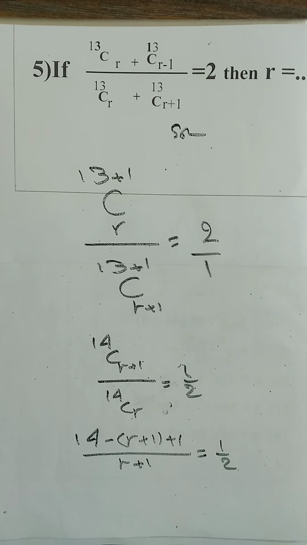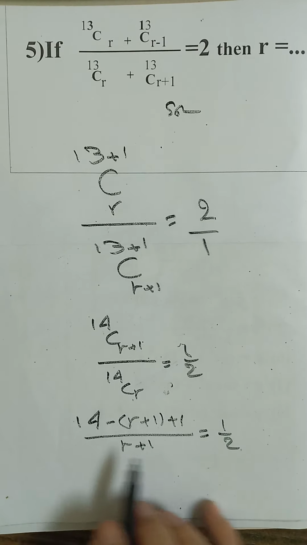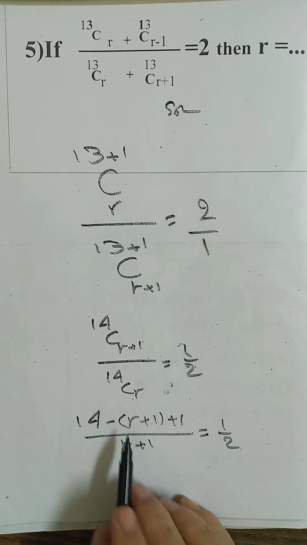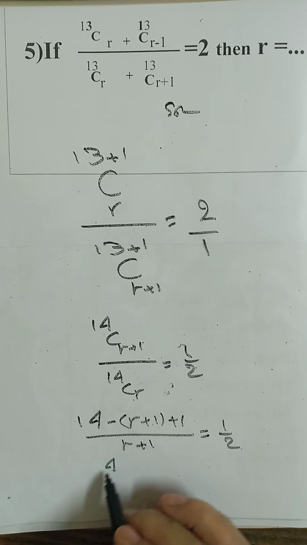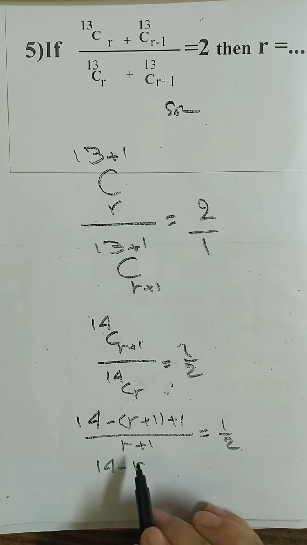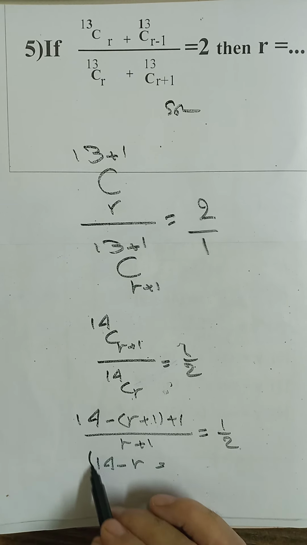Okay? Here, cancel 1 with 1. 14 minus R, 14 minus R. Here, cross multiplication times 2.